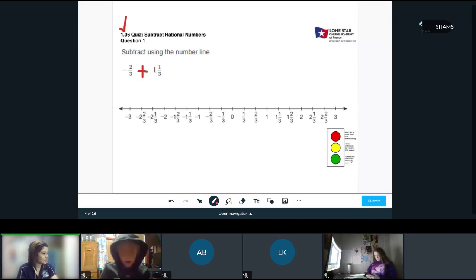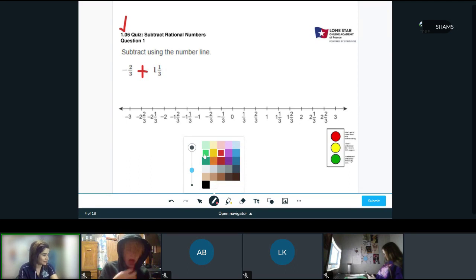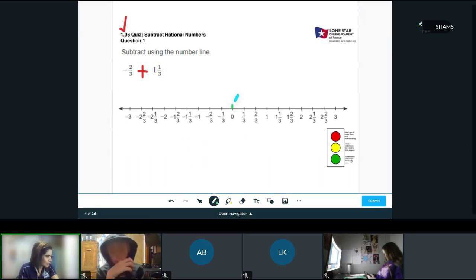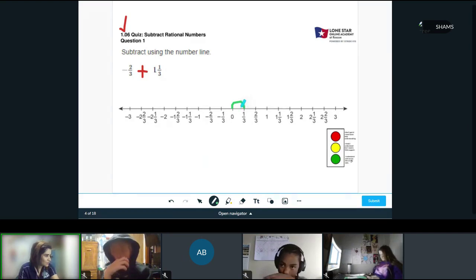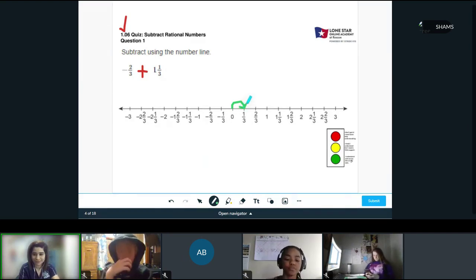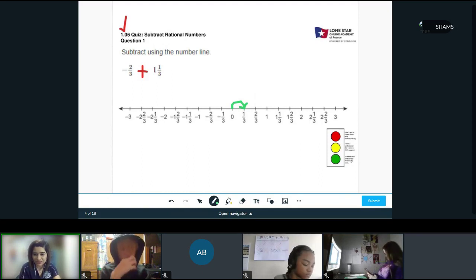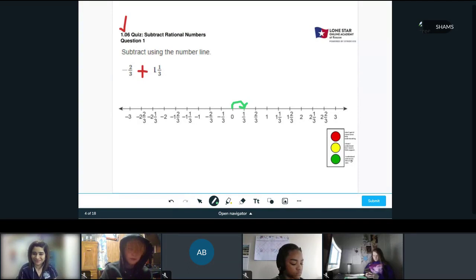So let's go ahead and first see, do we know how to read the number line? If I'm going to start at 0 and just jump 1, this one jump represents how much? It is important you know how much each jump represents. In this case, each jump represents how much? 1/3.